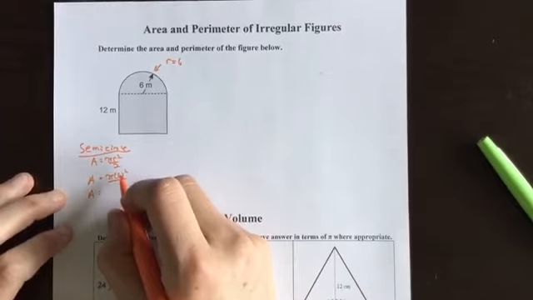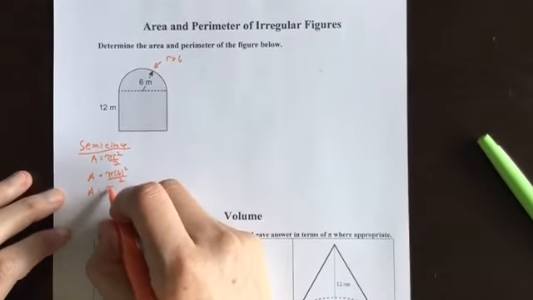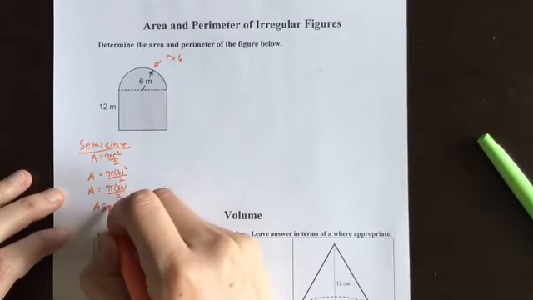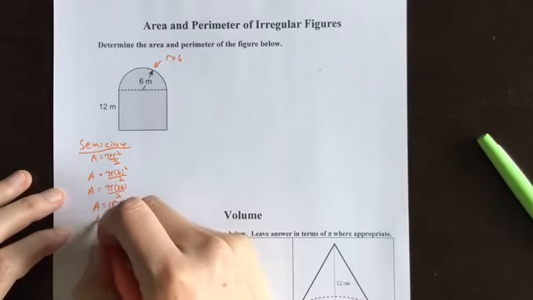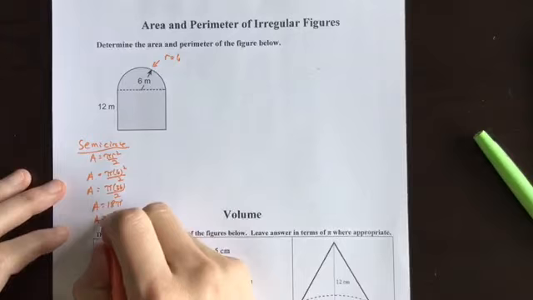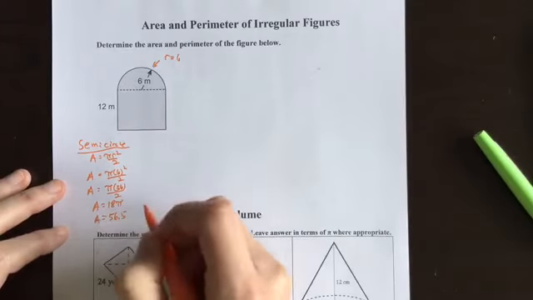So 6 squared is 36, so that's going to be pi times 36 divided by 2, which will be 18 pi. And 18 pi is 56.548. So I'm going to say that's 56.5.